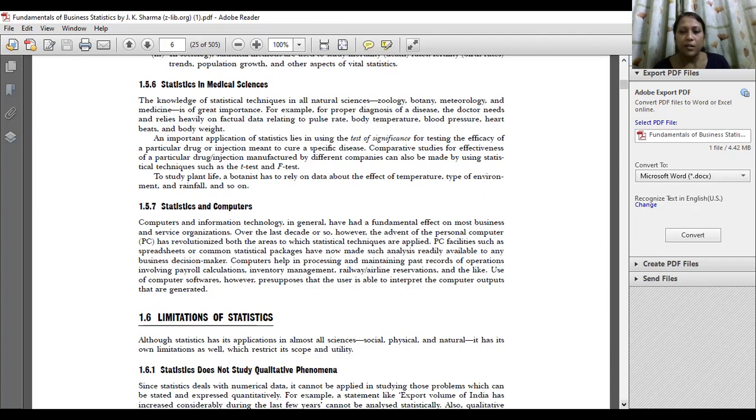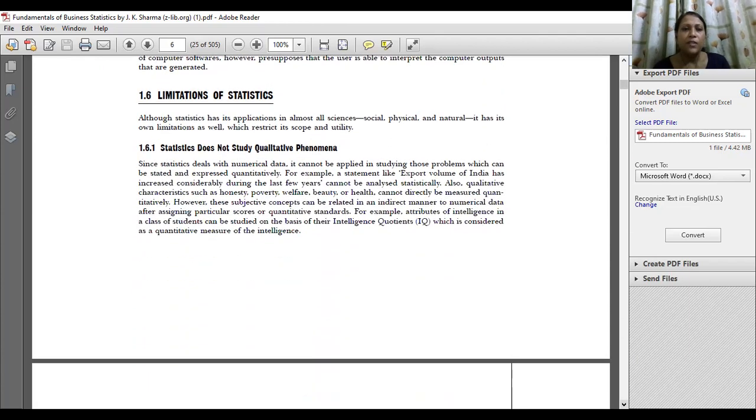Next is limitations of statistics. Statistics does not study qualitative phenomena. These are the limitations. Actually, statistical data is based on quantitative data. Statistical analysis is basically based on quantitative data. Say there are 50 people in your locality.